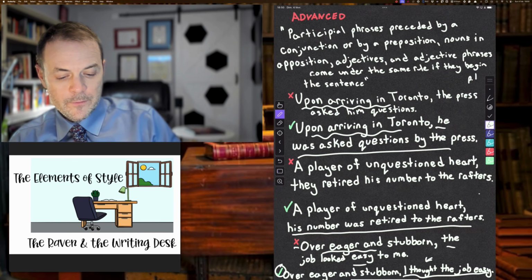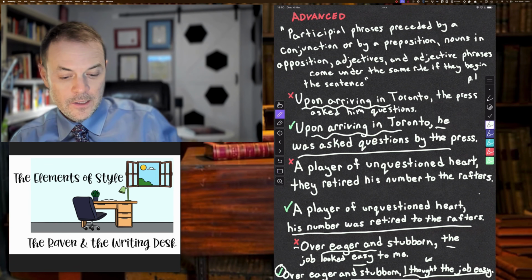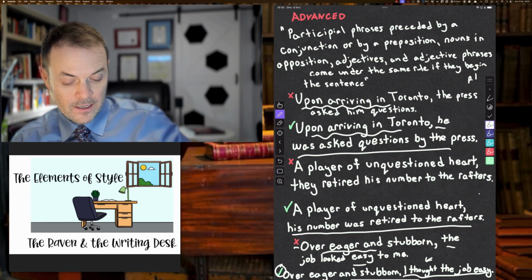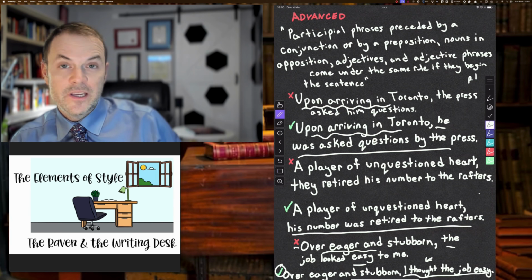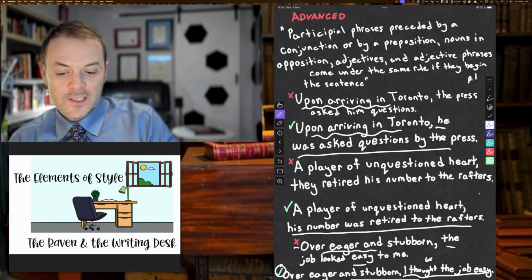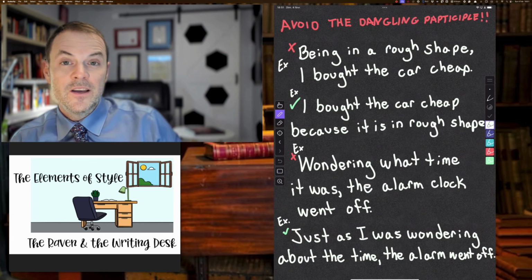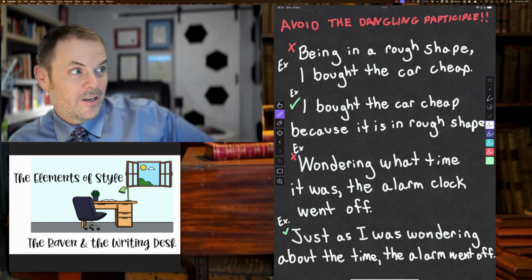What does being overeager and stubborn have to do with the job looking easy? As opposed to, I thought the job was easy, but I realized later I was being overeager and stubborn. Tricky, I know. Although when you look at some more extreme examples, things can get rather amusing.